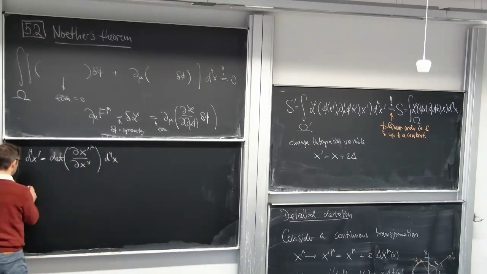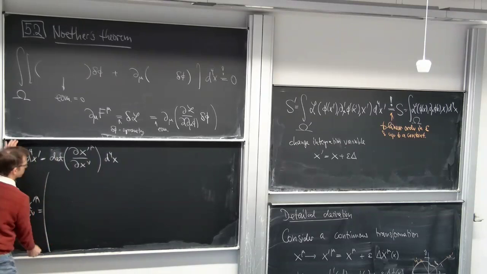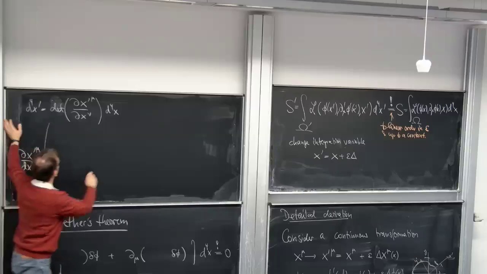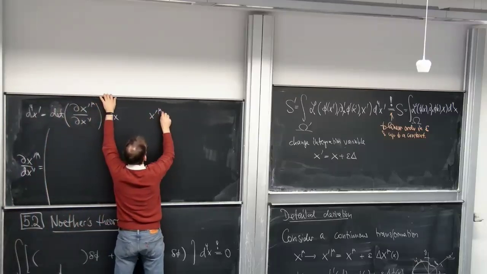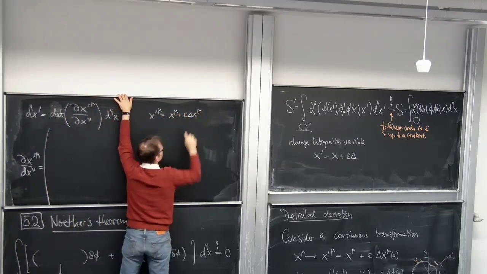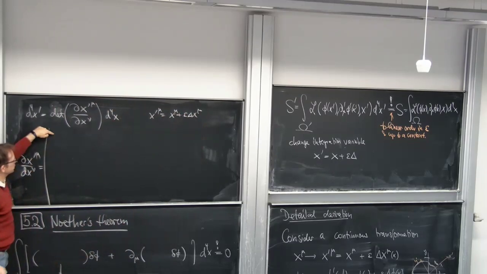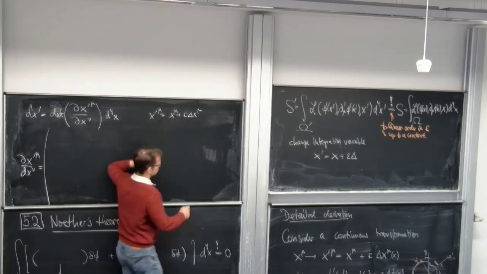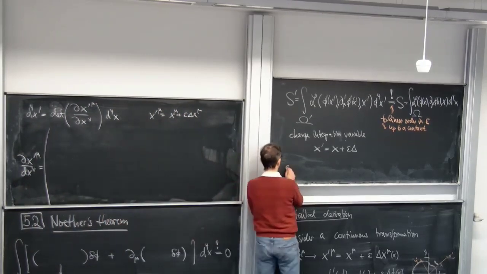Let's do it. So dx prime mu by dx mu is supposed to be the following. Let's write again what that was: x prime mu is x mu plus epsilon delta x mu. Here goes the 0, 0, 0. So d prime 0 by x 0, well, I want to write it a little bit more twisted.